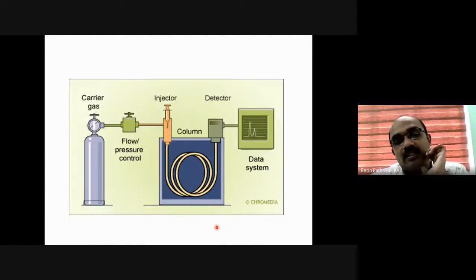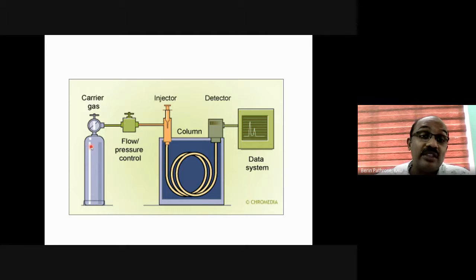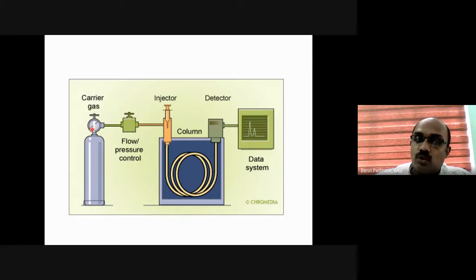Let's see a diagrammatic representation. This is the source of the carrier gas, usually cylinders. Usually we have 45-liter cylinders, very big, just like the oxygen cylinders which you see in hospitals. Similar to that, we have gas cylinders with control, pressure gauge, valves, etc., fitted over them to control the flow and pressure of the carrier gas, and the carrier gas is taken into the injector.